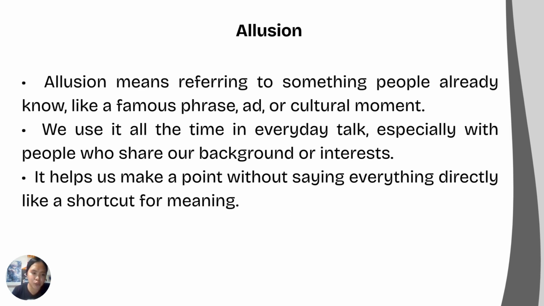Next is allusion. Allusion means referring to something people already know, like a famous phrase, ad, or cultural moment. We use it all the time in everyday talk, especially with people who share our backgrounds or interests. It helps us make a point without saying everything directly, like a shortcut meaning.